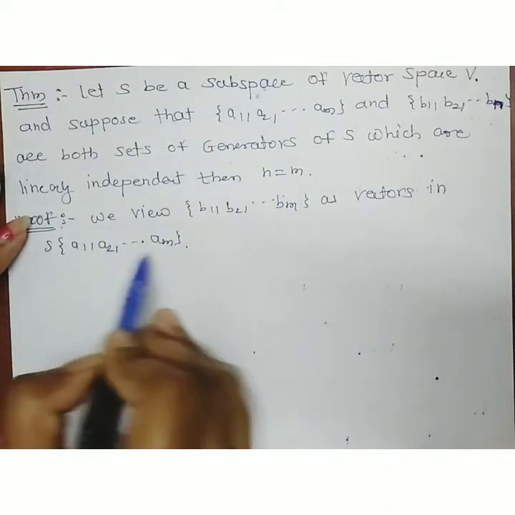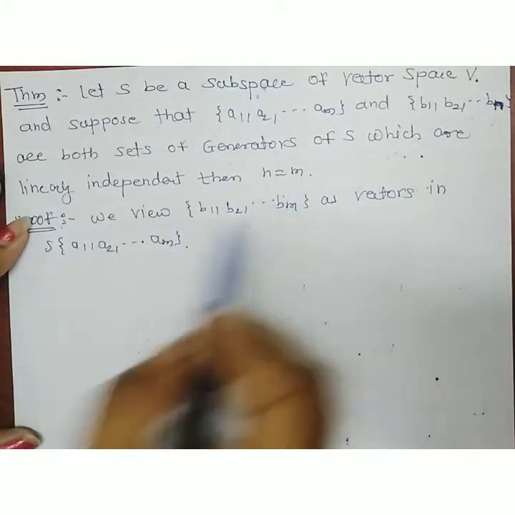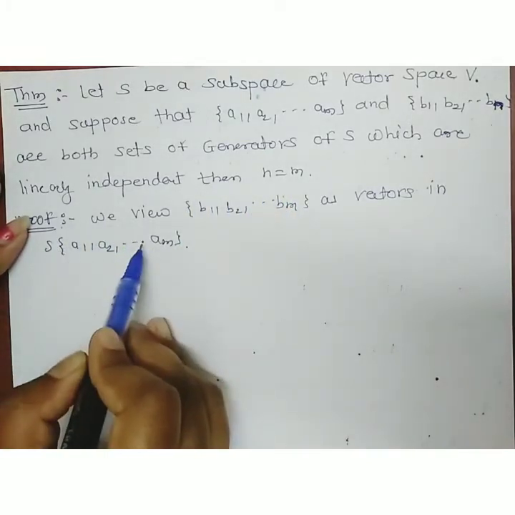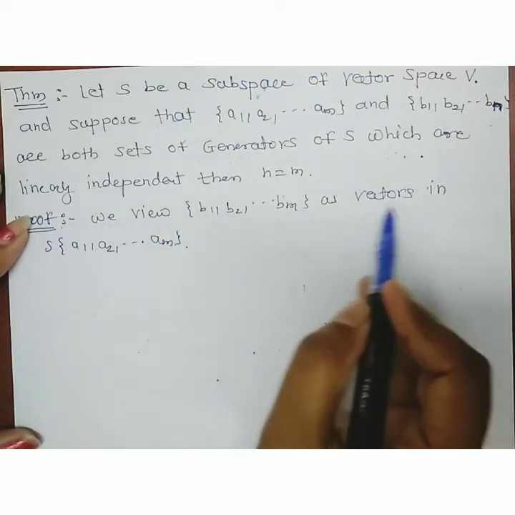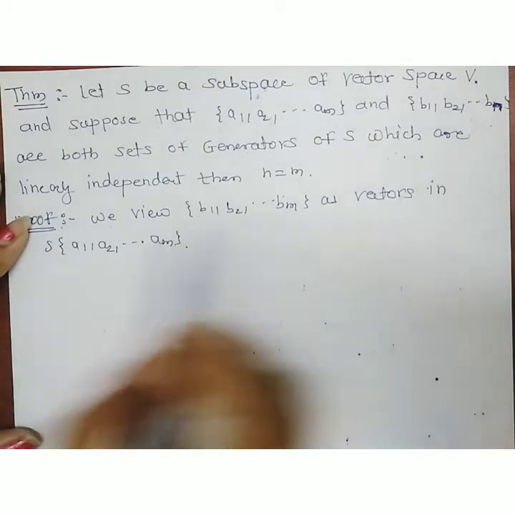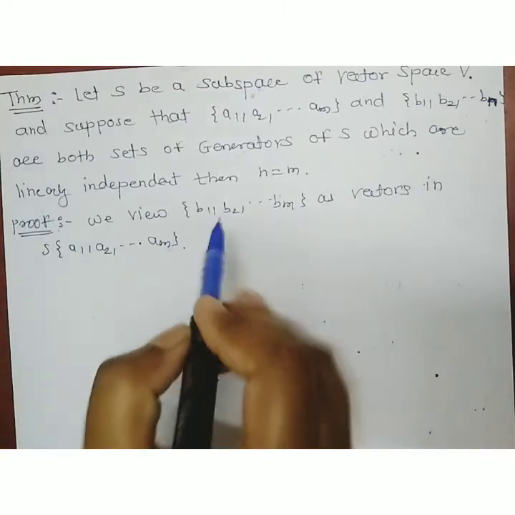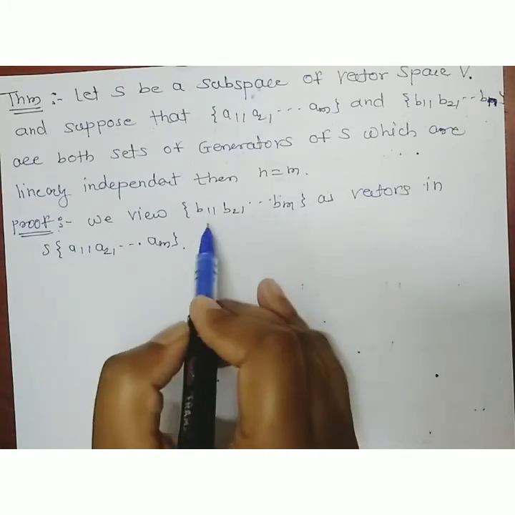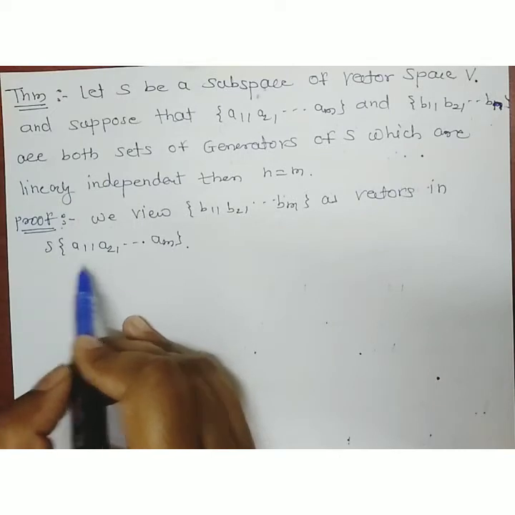Therefore, as this is a generator set of S, these vectors can be written as a linear combination of these vectors. So B1, B2, Bm are vectors in the span of these vectors, which means every vector of this set can be written as a linear combination of these vectors. Why does this happen?